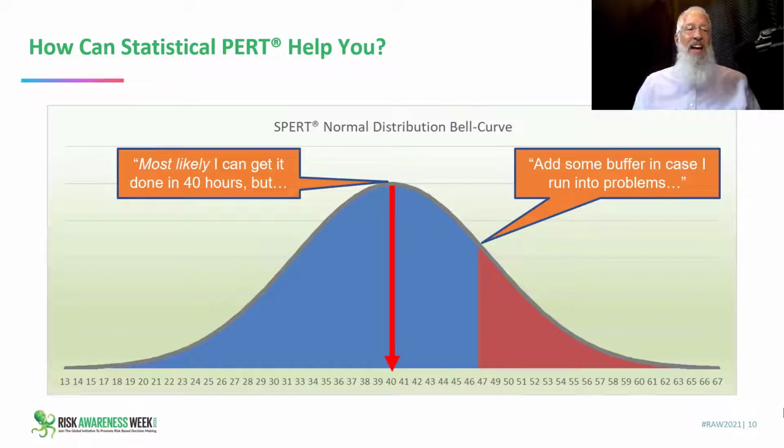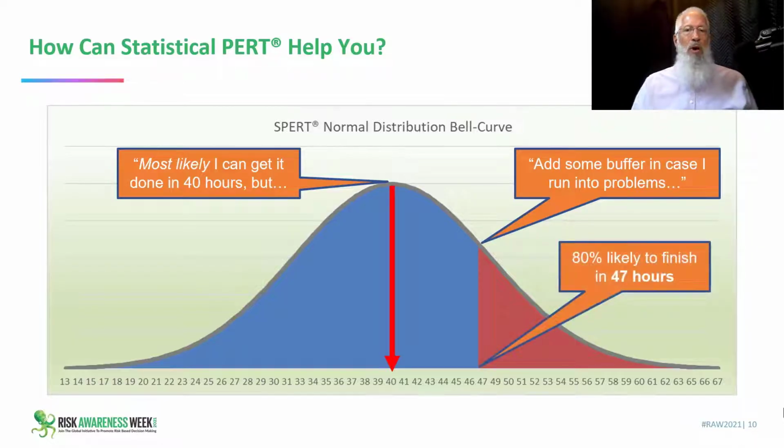This is where I need to take your subjective judgment about an uncertainty and map it to a probability distribution. If I can do that, then I can pull any point along the bell-shaped curve and use that value inside my project schedule. If I want to be 80% confident that you'll get this task completed, I won't put 40 hours in.